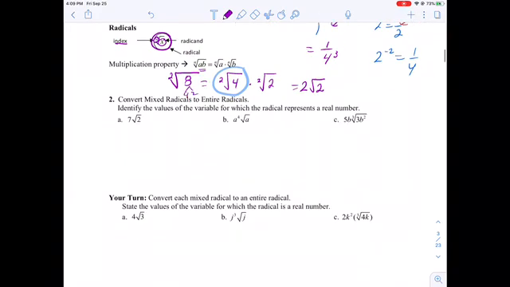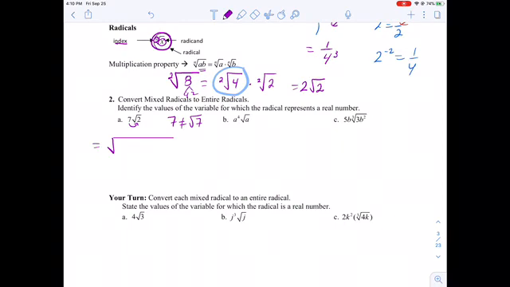Okay, if we want to convert from mixed to entire radicals, what I want to do is look at how can I make this 7 pop underneath the radical sign. Well, I can't just put it under because 7 is not equal to root 7, of course. But what I'm basically saying is, the square root of what number would give me 7?